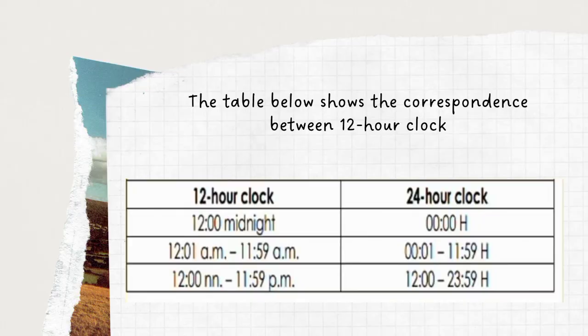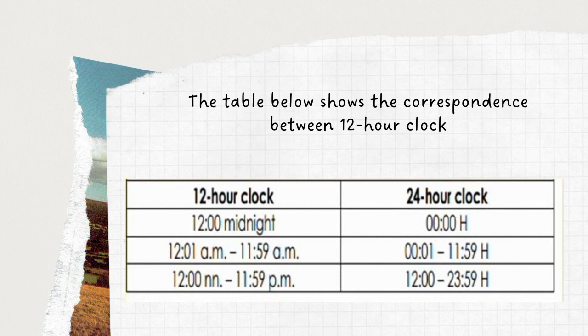So, the table below shows the correspondence between the 12-hour clock and the 24-hour clock. In the left side, nakikita natin is 12-hour clock, and then the right side is 24-hour clock. So, 12 midnight is equivalent to 0100 hours.